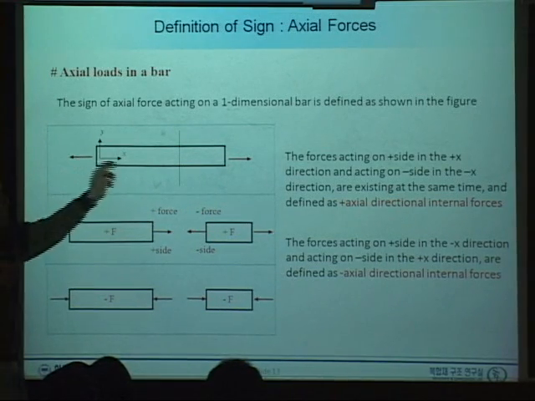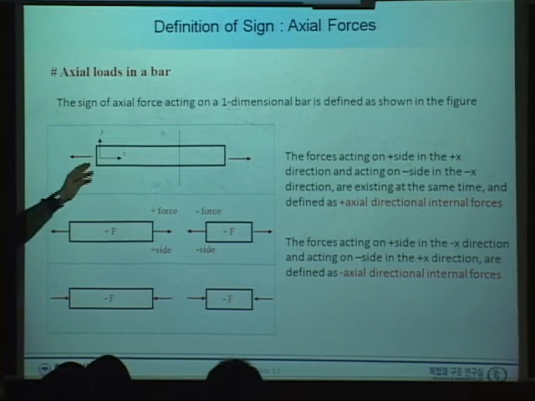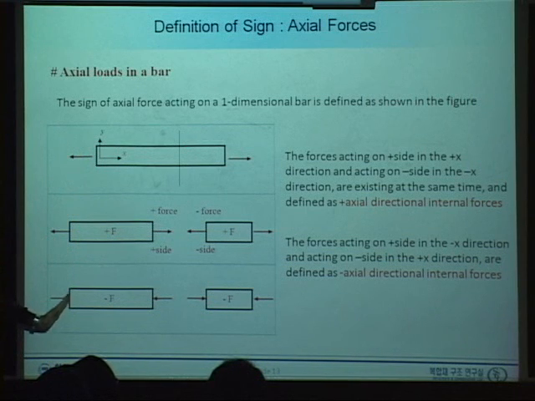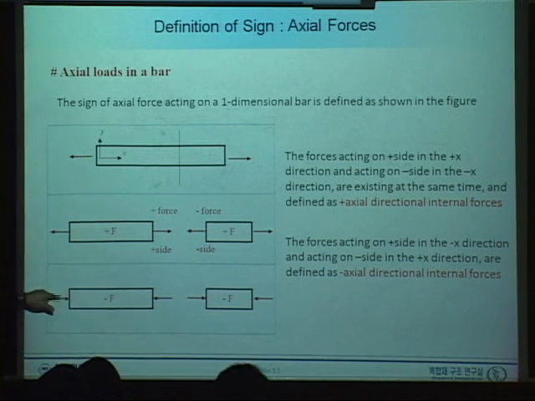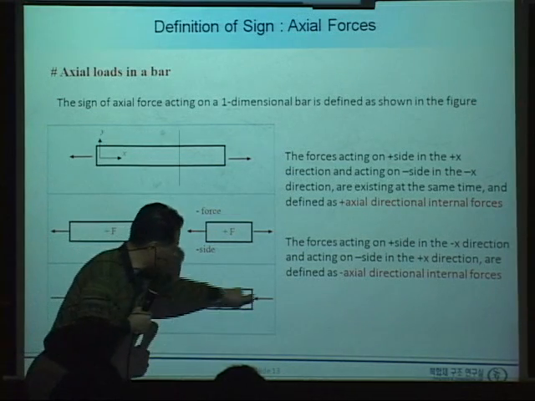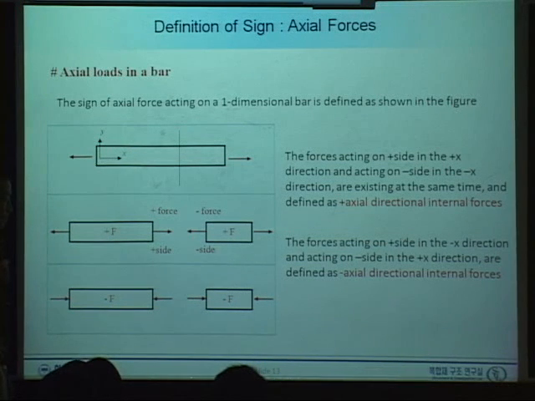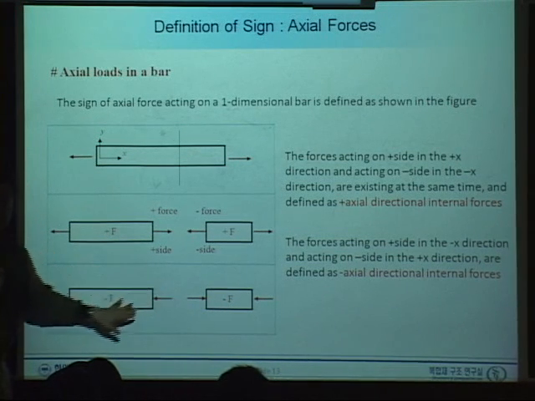But how about when subject to compression? In the compression case, the minus surface will be subject to a plus-directional force, and the plus surface will be subject to a minus force. And same for here.